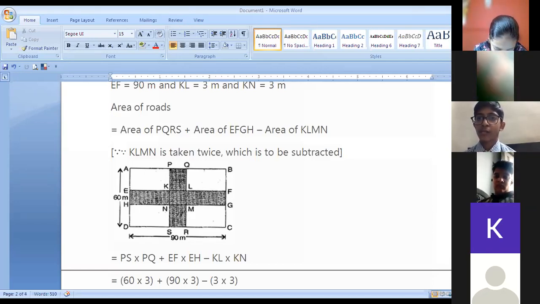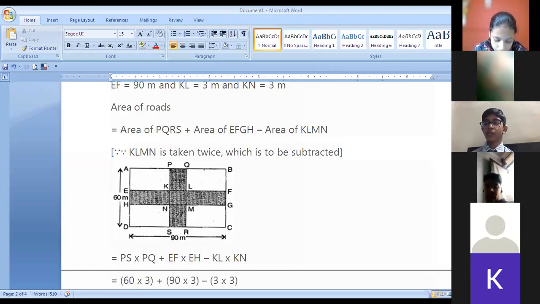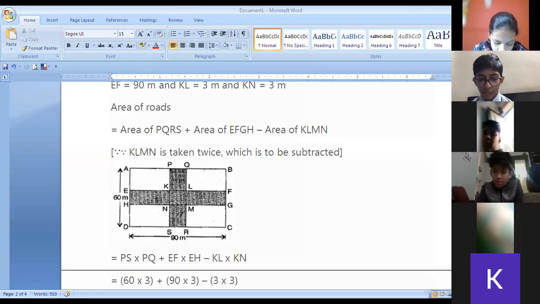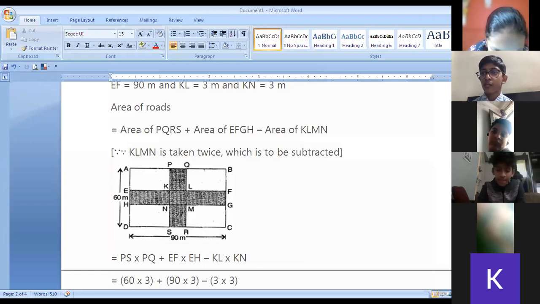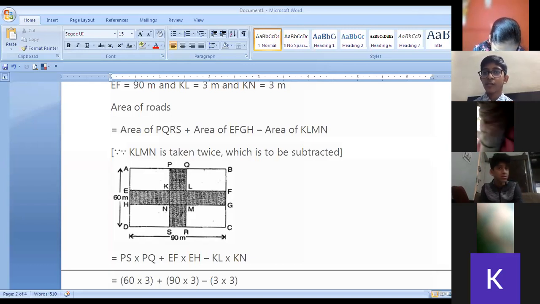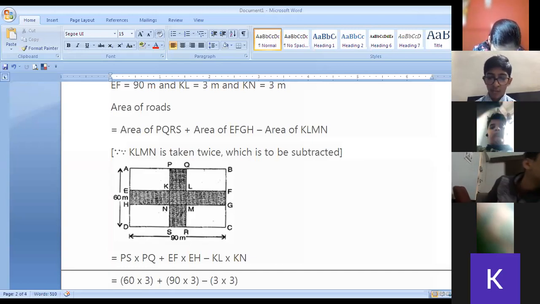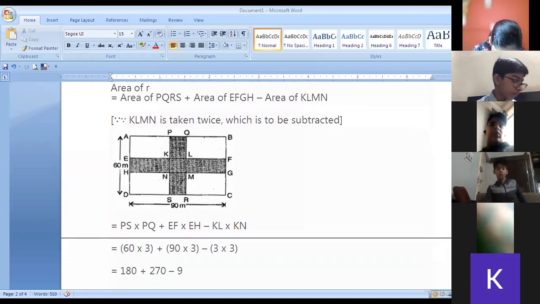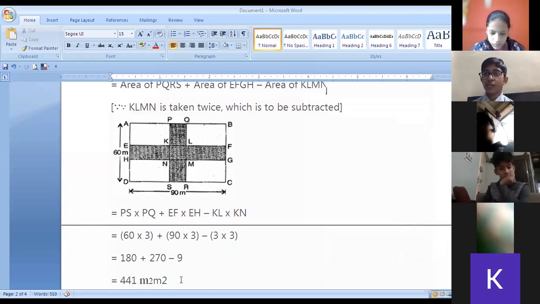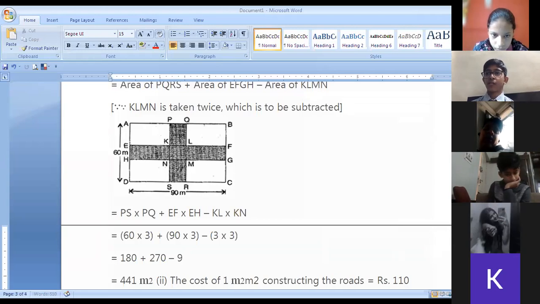Yes, right, you have to subtract also, beta. Tanya, Rachel, that's the right answer. Yes, Avika. Subtract it. Yes, right, Rachel. 441 meter square is the answer.